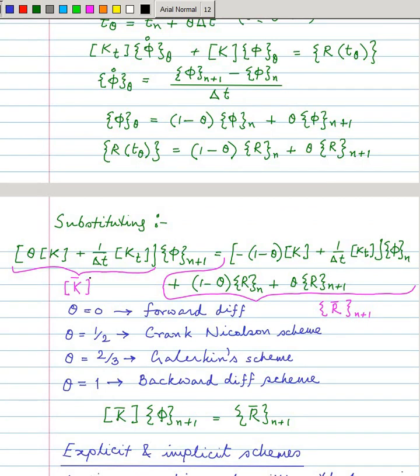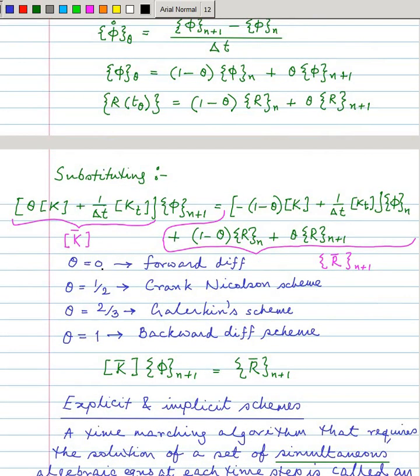So the coefficient in the left hand side is denoted by k bar, which we call the coefficient matrix in the left hand side, and these terms together we call the effective force vector in the right hand side.